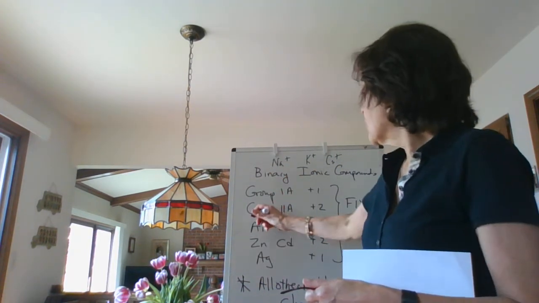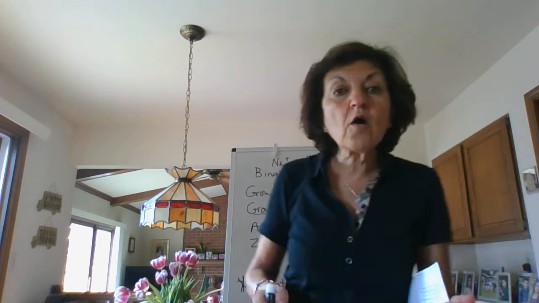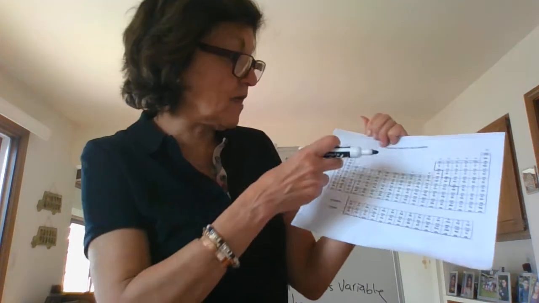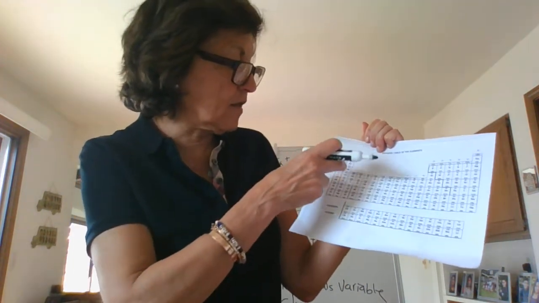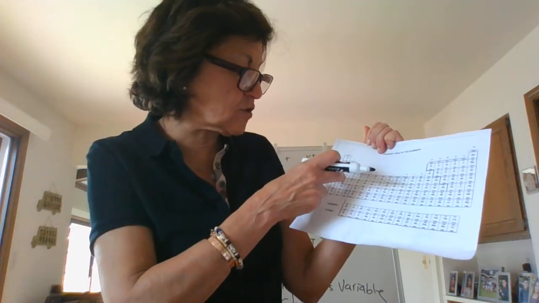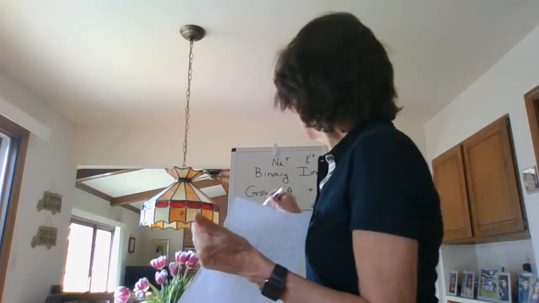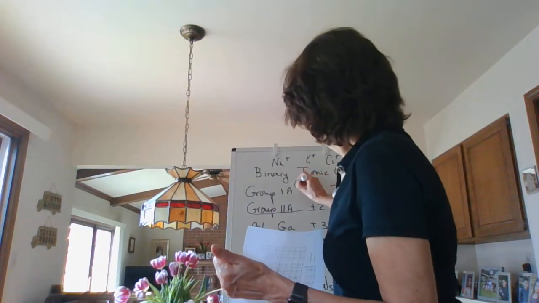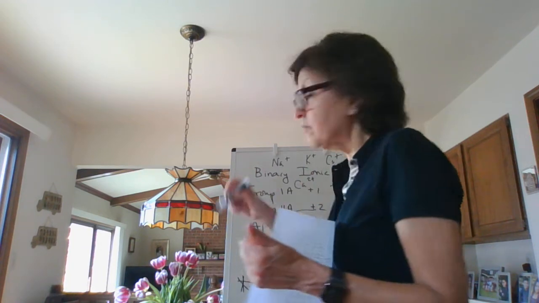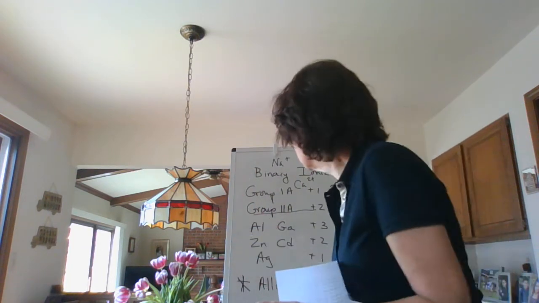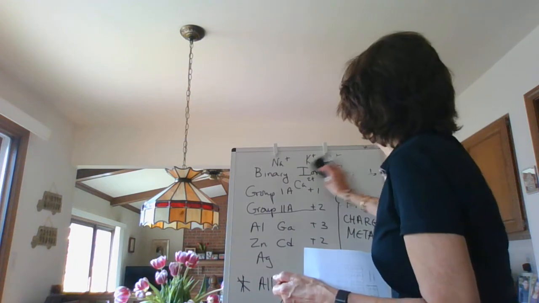Okay. Group 2A, they're always +2. So what are group 2A? These are the alkaline earth metals. Beryllium, magnesium, calcium, strontium, barium, all those +2. So calcium, usually we put a number and then the plus right after it. So calcium +2. Let me erase this.